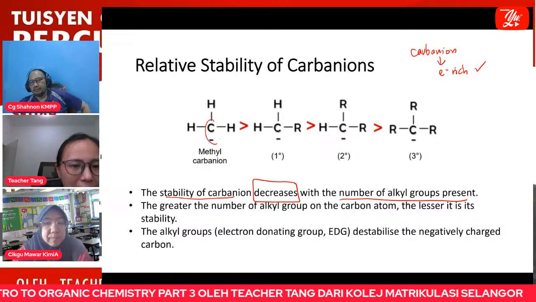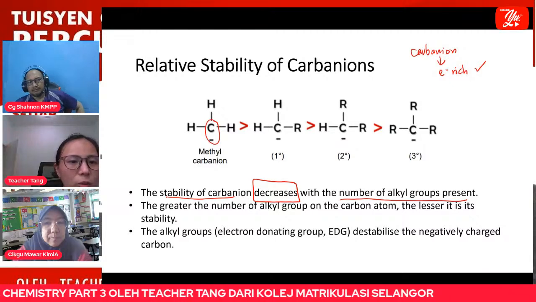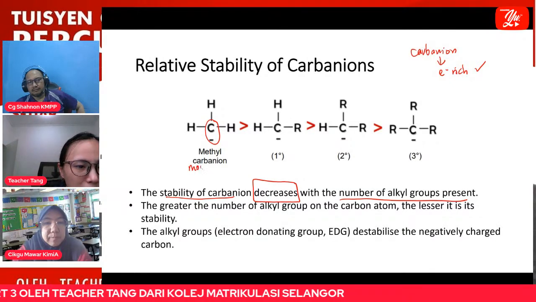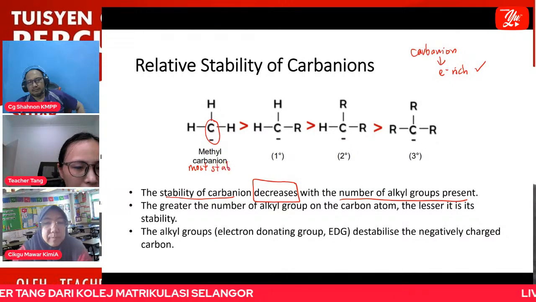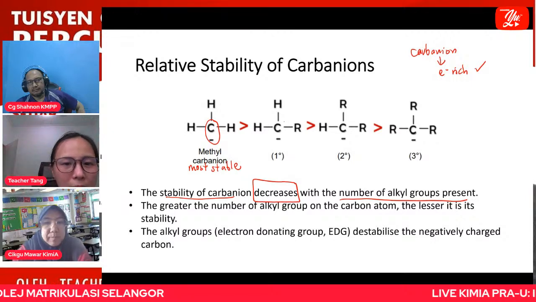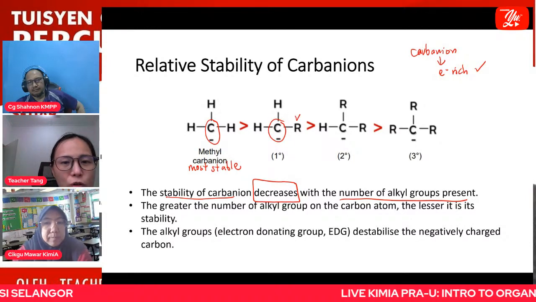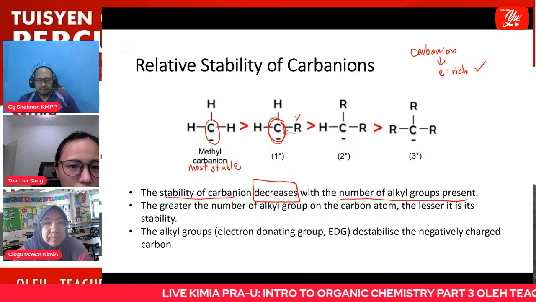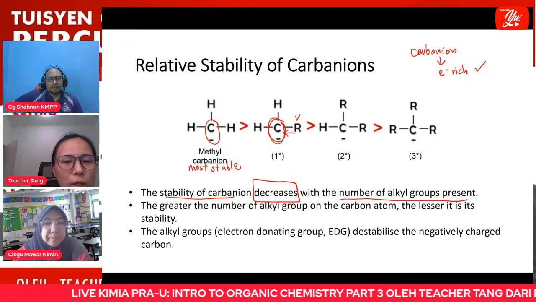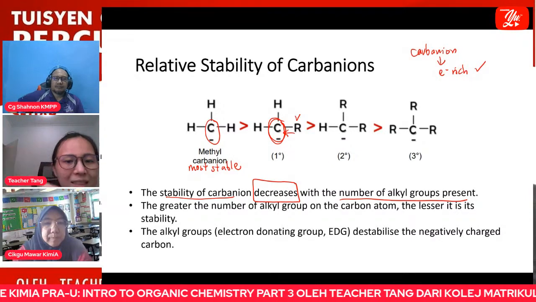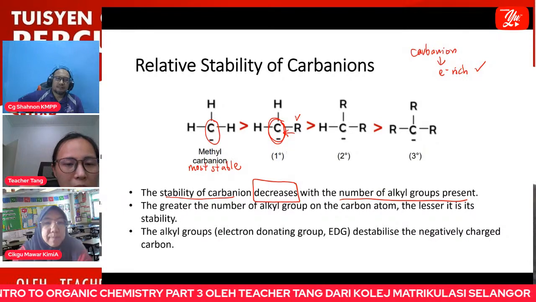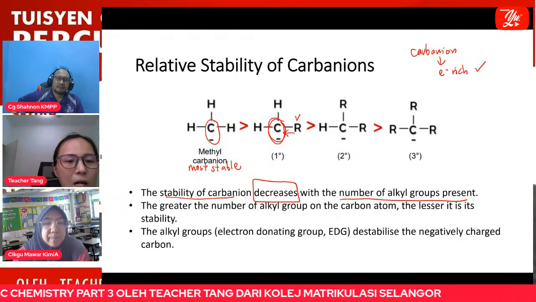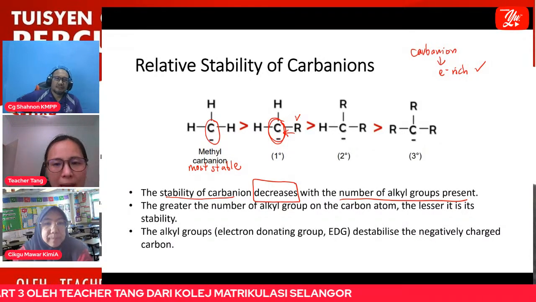So the methyl carbanion has no alkyl group attached to it, therefore it is the most stable. For the primary carbanion, having one alkyl group attached to it, it is already very rich in electrons. The alkyl group wants to give it some more electrons, making it less stable. So therefore, the primary carbanion is less stable compared to the methyl carbanion.